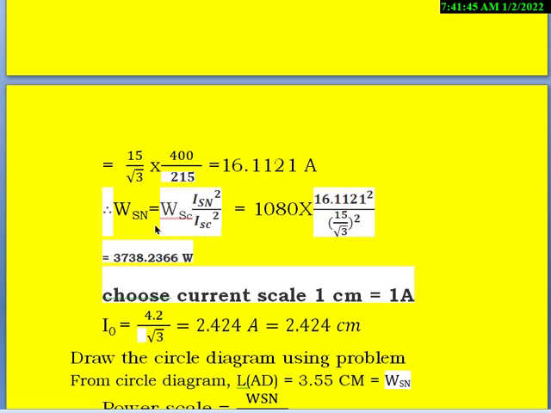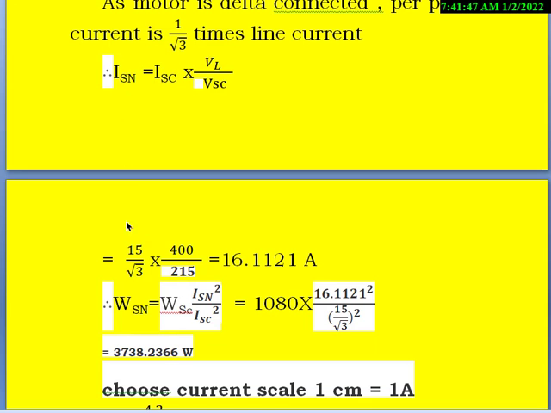Similarly, we need the corresponding copper loss at rotor blocked condition, which is given by WSN, and it can also be calculated using this formula, WSC into ISN square by ISC square. So we know ISN per phase, that is 16.1121 amperes, and we know ISC per phase value, that is 15 by root 3.